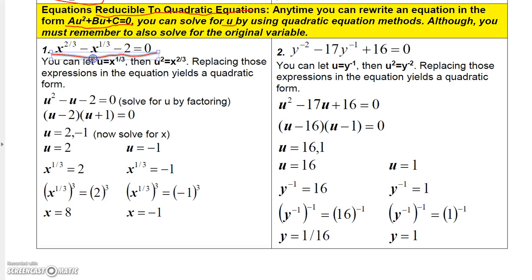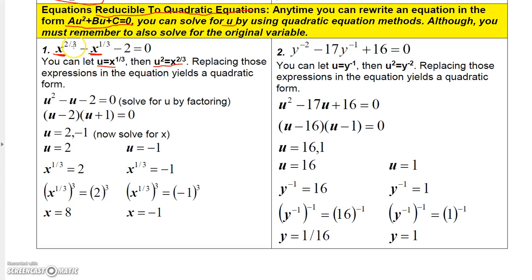And so once you recognize that, you can let this part, not the coefficient, just this variable portion, be u. And we just discussed what u squared was, right? U squared is this. So if you let u equal x to the 1/3, then automatically u squared is x to the 2/3.